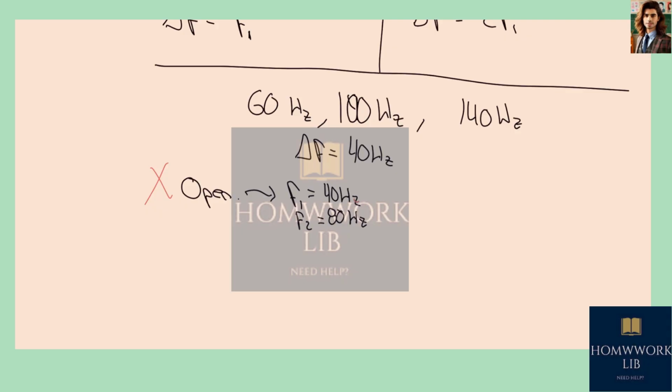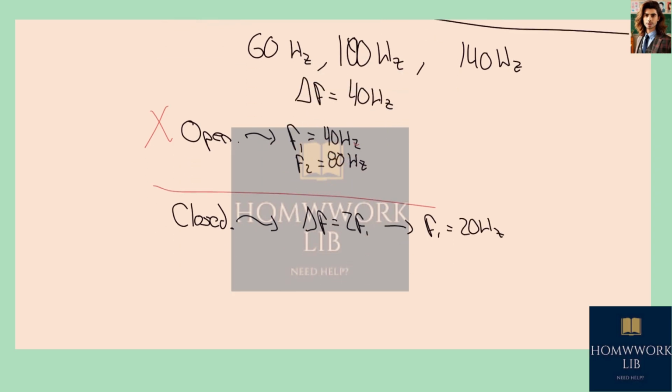On the other hand, if we have a closed one, well, one side is closed, the other one is going to be open, but just to verify it, delta f corresponds to 2 times the fundamental. Thus, the value for the fundamental would be equal to 20 hertz.